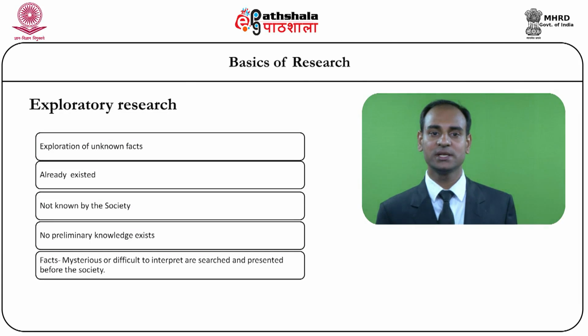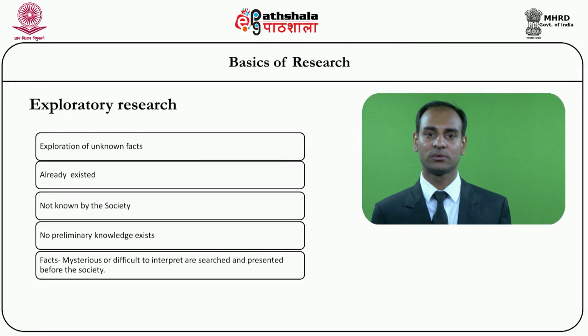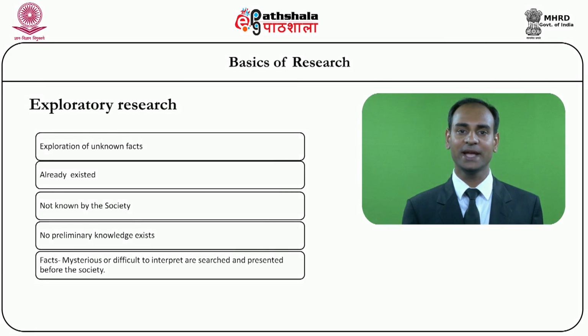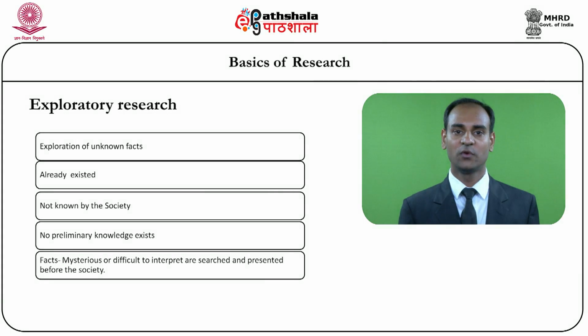After inventive research, the second kind is exploratory research. The object of exploratory research is to explore any unknown fact. Though the fact already exists somewhere in this world, the society is not aware of the existence of that fact. The focus of the researcher is to explore those facts and present them before the society.